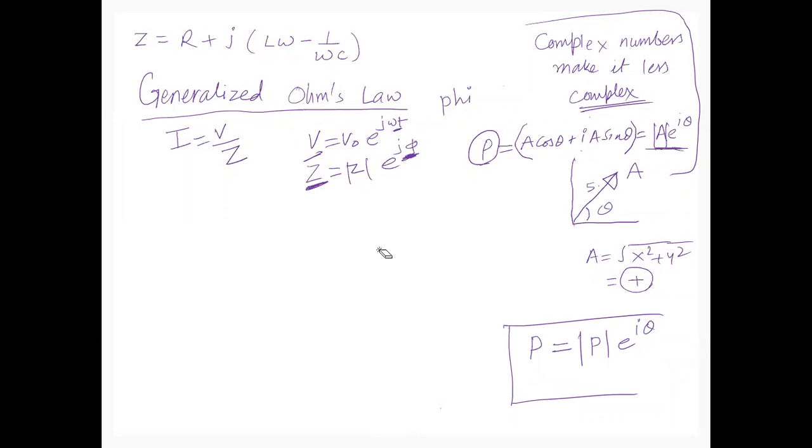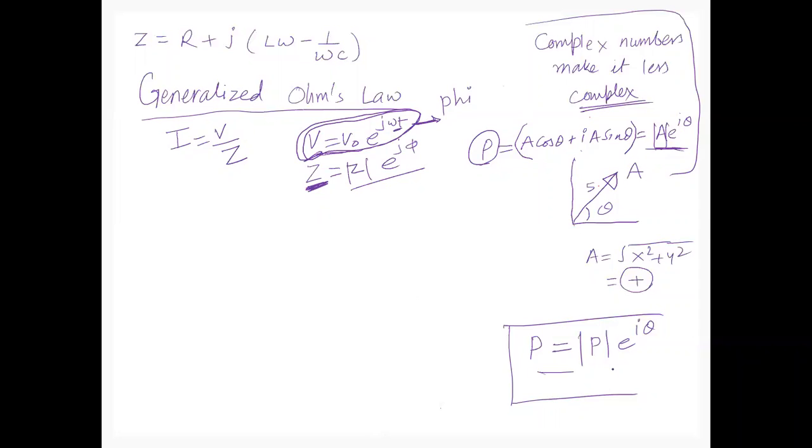We have been writing V in this form from the previous slide already. So the question is how I wrote Z like this.